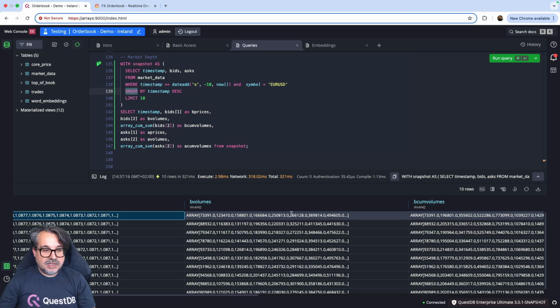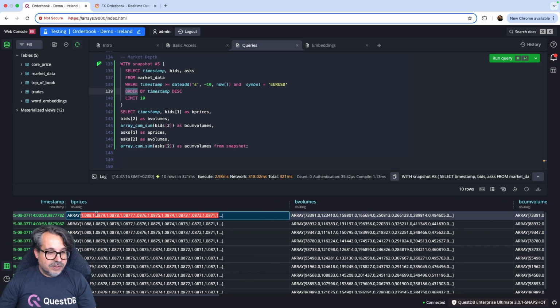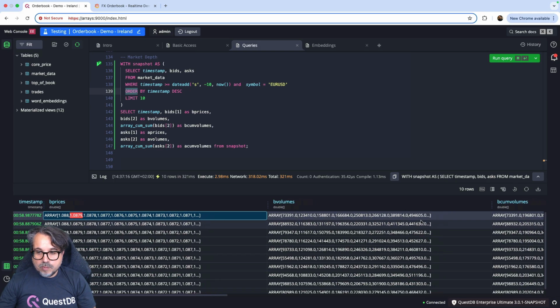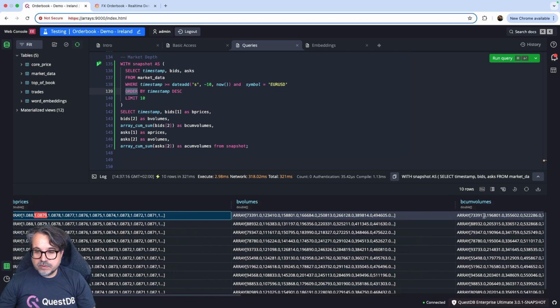So what this tells me is that at the second price level, which is 1.0879 here, the cumulative available volume is almost 200,000. For the third price level in the market, this is the cumulative volume, as we saw in the latest query.